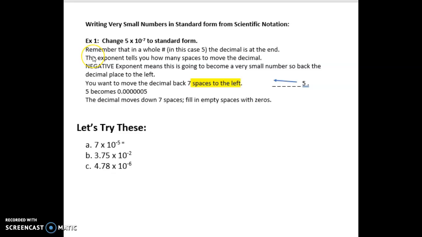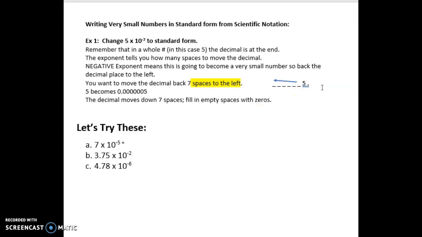The exponent tells me how many times I have to move the decimal, and the negative exponent tells me it's going to be a very small number. So we want to move the decimal backwards to the left. You want to move the decimal back 7 places to the left because my exponent is a negative 7.